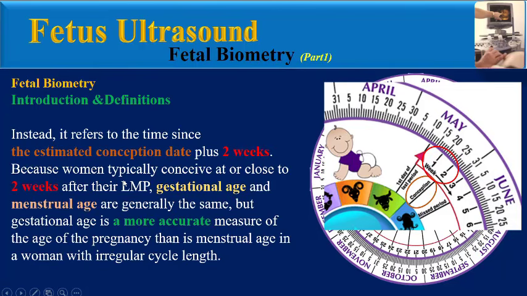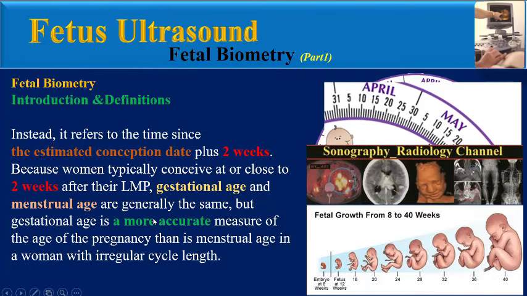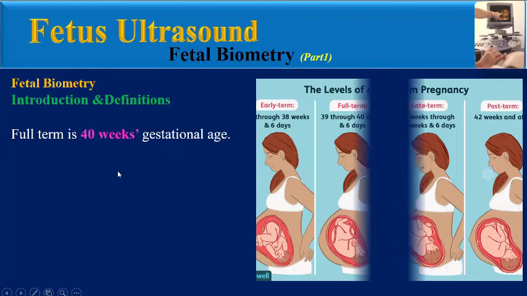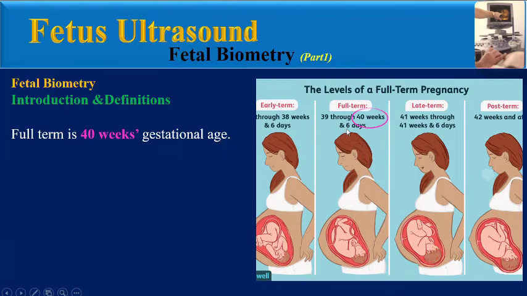Because women typically conceive at or close to 2 weeks after their LMP, gestational age and menstrual age are generally the same, but gestational age is a more accurate measure of the age of the pregnancy than is menstrual age in a woman with regular cycle lengths. Full term is 40 weeks gestational age.